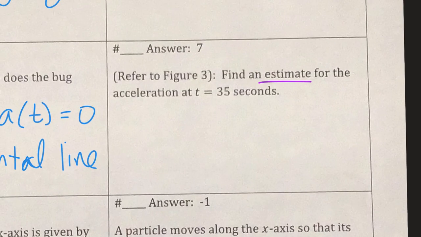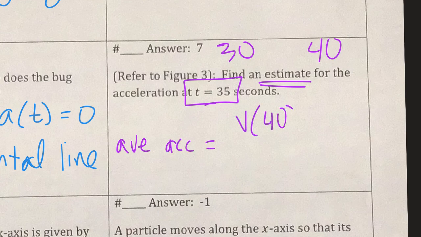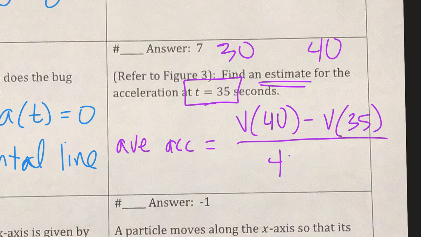Find the estimate for acceleration at 35 seconds. Figure 3 doesn't have 35 seconds as an option, but it does have 30 and 40. So the approximate acceleration is the velocity at 40 minus the velocity at 30, over 40 minus 30.